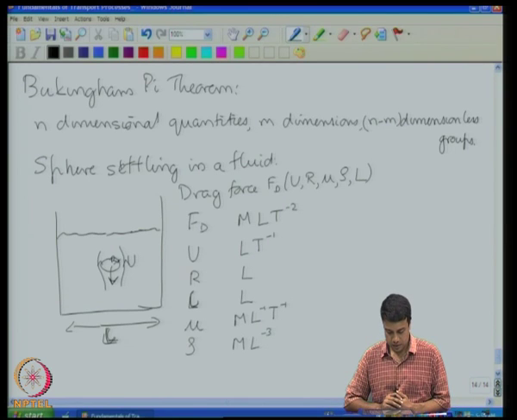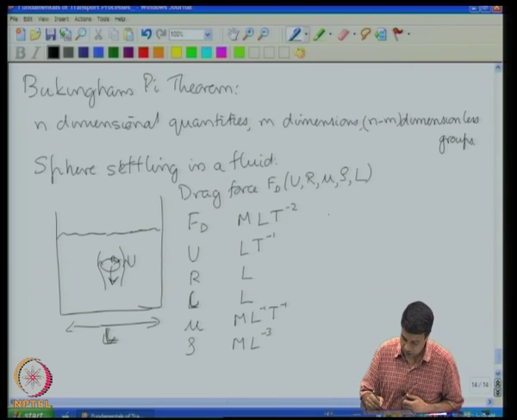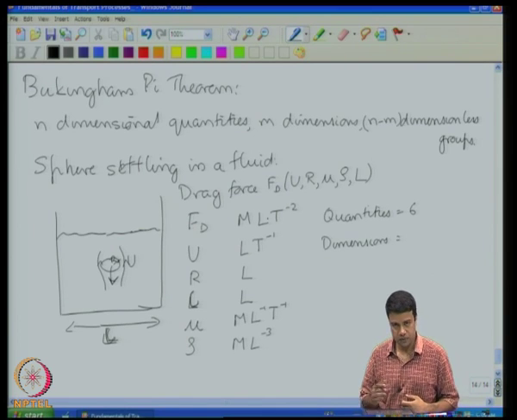How many dimensions do these quantities contain? There are only 3 dimensions, that is mass, length and time. So I have 6 quantities and 3 dimensions, which means I can have 3 dimensionless groups. Number of quantities is equal to 6, number of dimensions is mass, length and time; there is no temperature here.